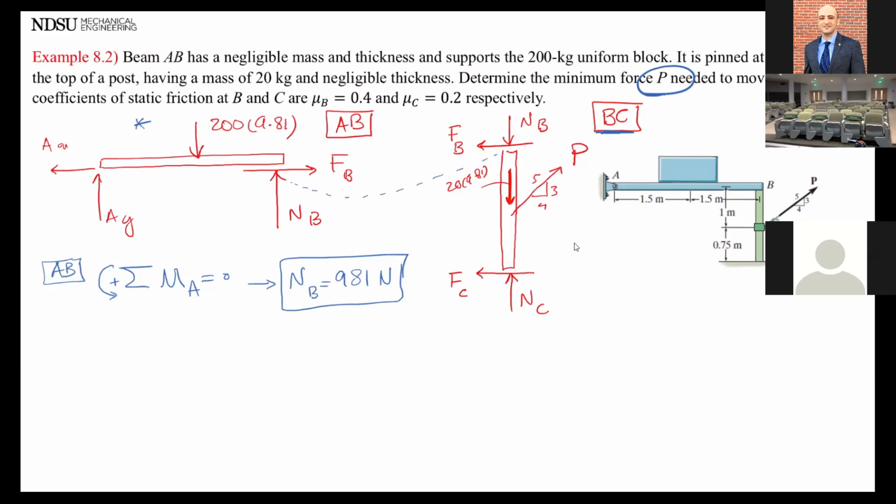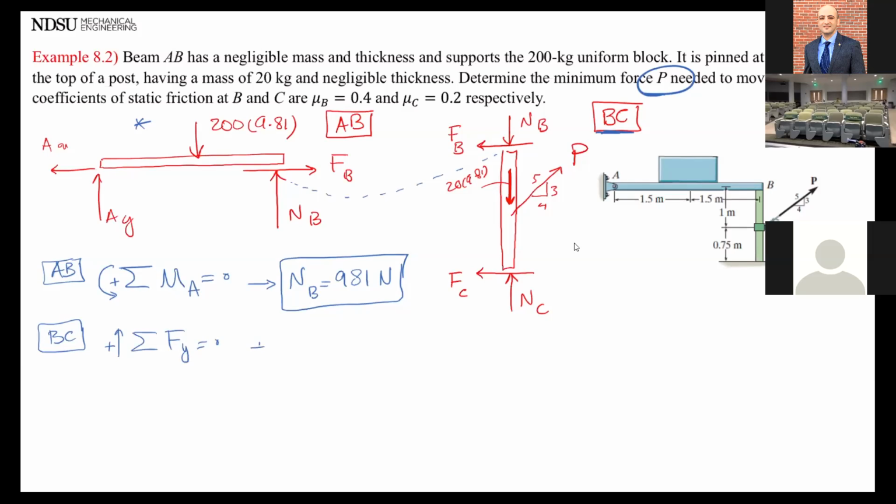So now let's get to BC. For BC, let's just start with summation of forces in Y being 0. Okay.